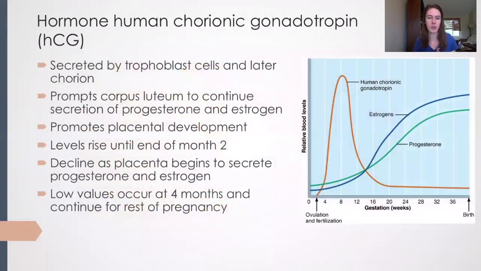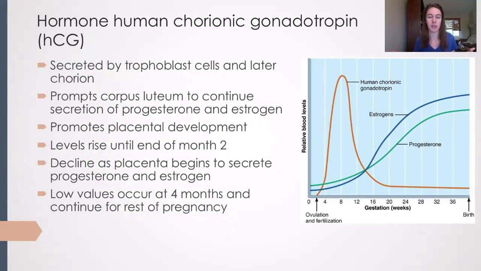So how does human chorionic gonadotropin come into play? You may know that this is the hormone that is used to detect pregnancy, but what is its role and why is it secreted so soon? It's basically the first hormone secreted to tell mom that a pregnancy has occurred.